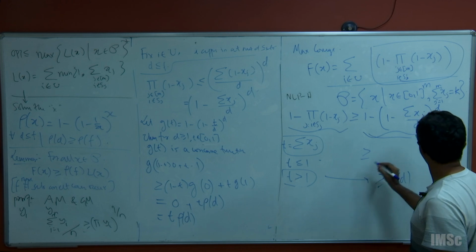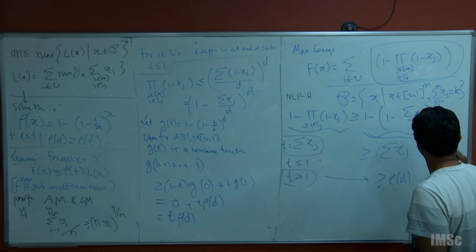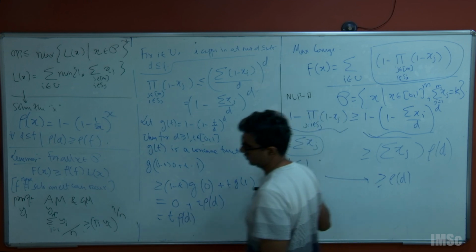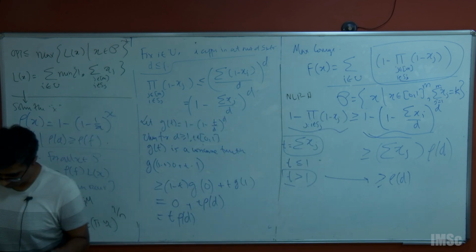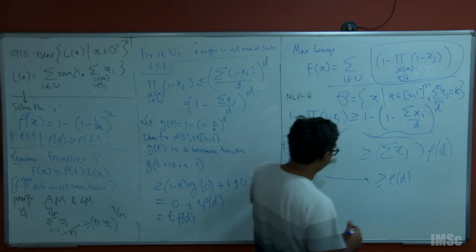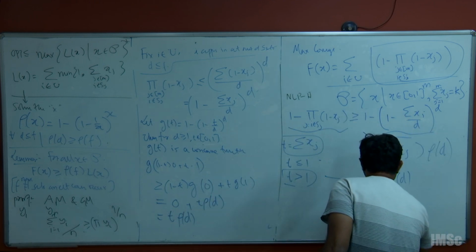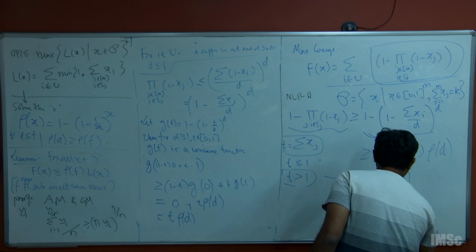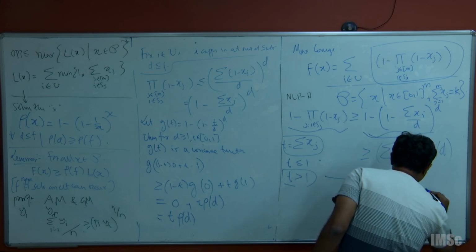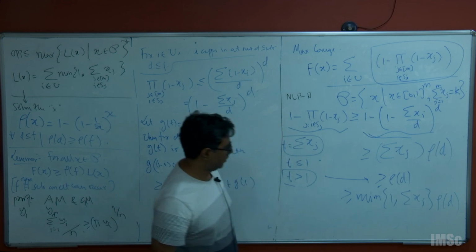Otherwise, this is greater than or equal to summation xj times rho d, because t is this. So in this case this quantity is greater than or equal to the minimum of 1, summation xj, and rho d, whatever is the minimum quantity.